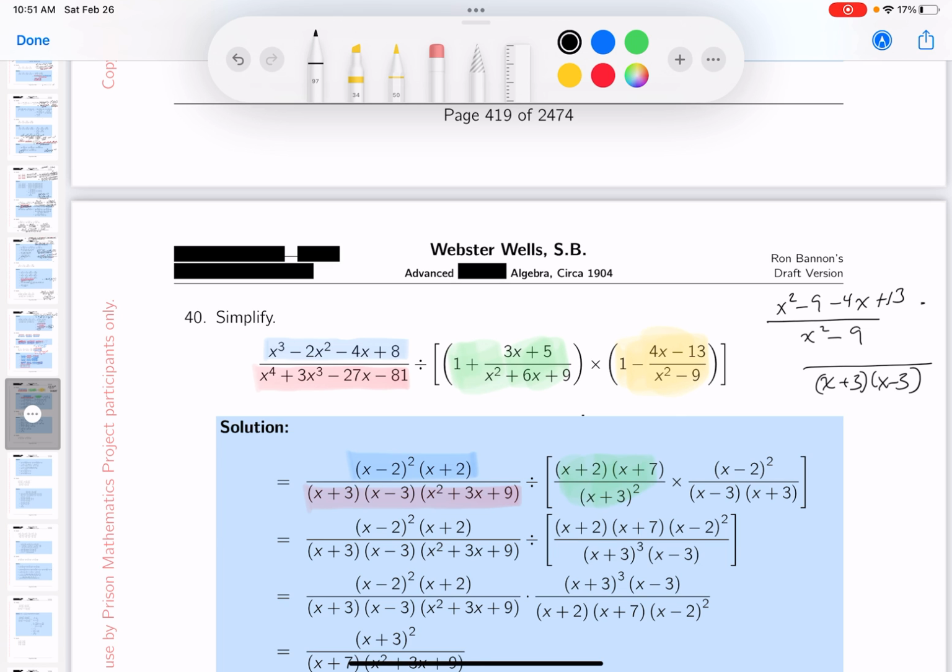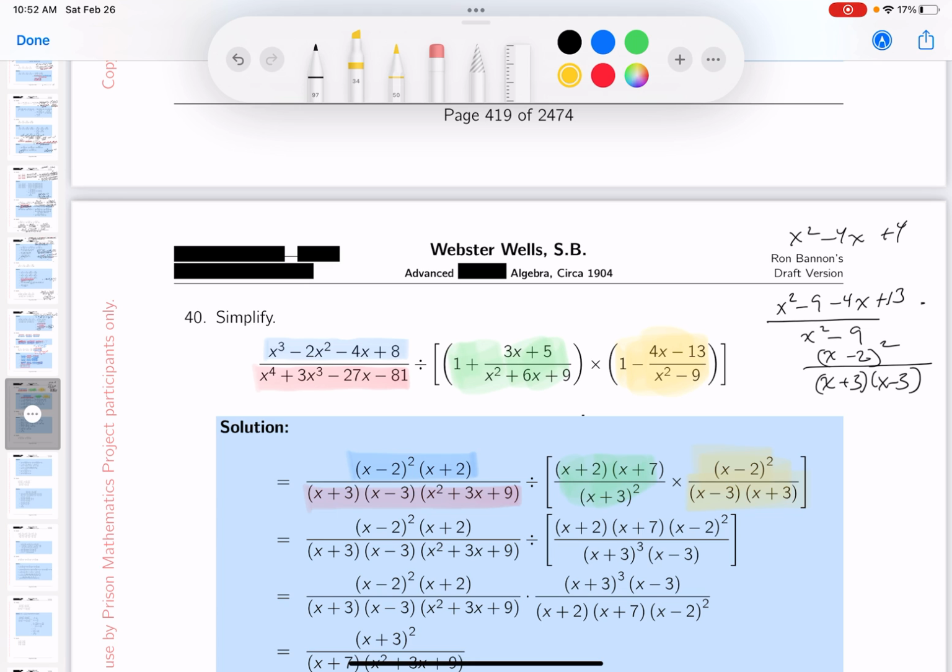On top, you'd actually get x squared minus 4x, and minus 9 plus 13 is going to be plus 4. That's just going to be x minus 2 squared. Did I get it? I did. It's right here. Whoops, I did it again, didn't I? We're going along fine. Someone says there's a lot of factorizations there.